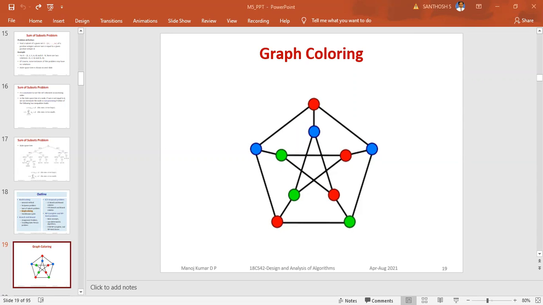Yes, answer in the chat box how many vertices you have in the graph.